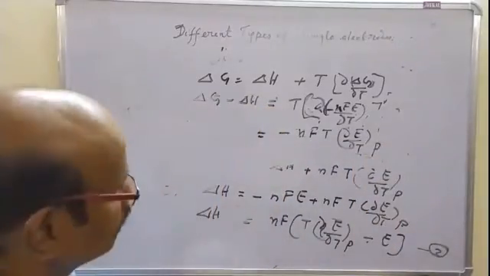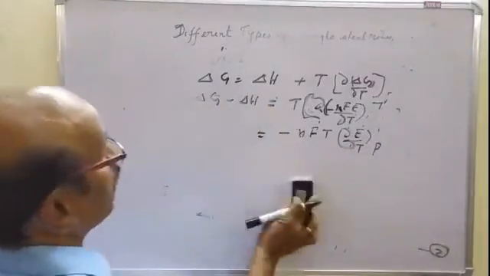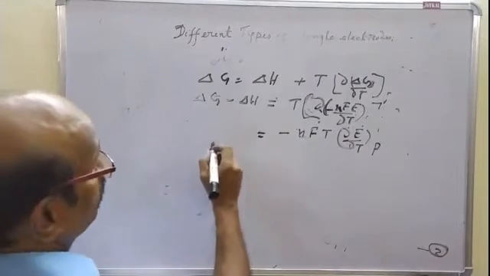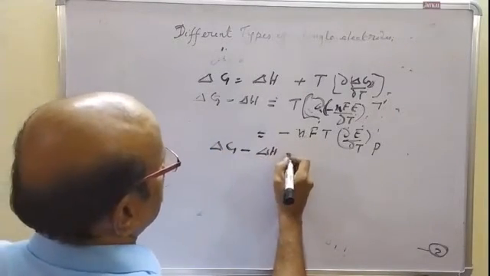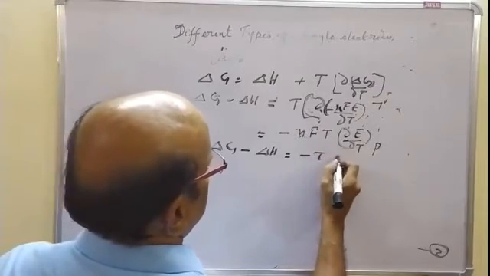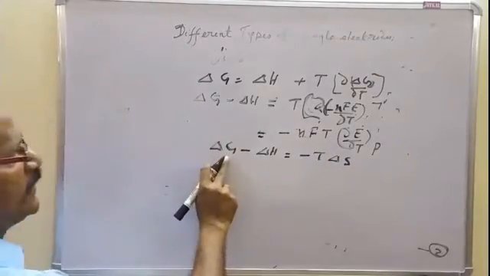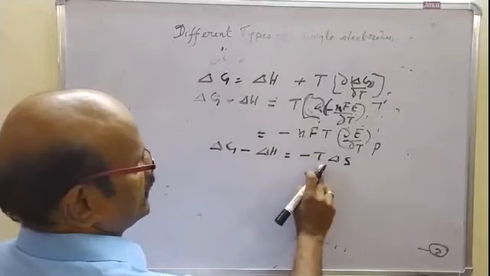And you already know the conventional form: delta G minus delta H is equal to minus T delta S, that is, delta G is delta H minus T delta S.